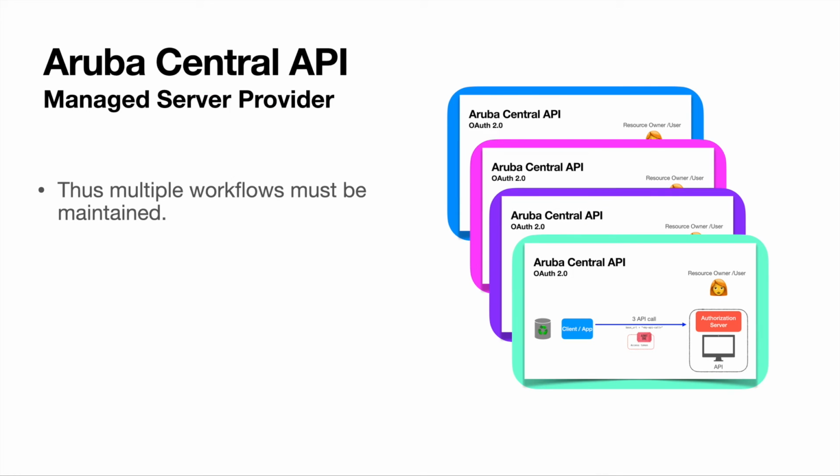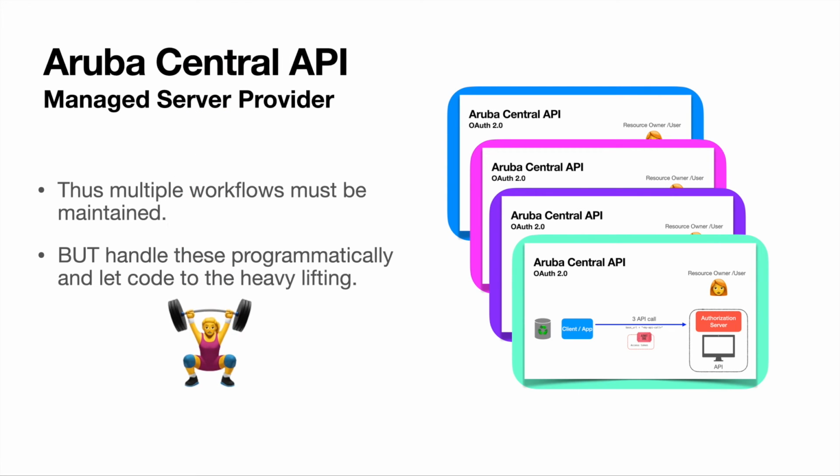So it is a fact that multiple workflows must be maintained. We've got to have the refresh tokens, the access tokens, etc., because we need to authorize for each one of the tenants. But if you handle these programmatically, you can let the code do all of the heavy lifting for you. So your interactions and your workflows look very similar if you're in a non-MSP mode versus an MSP mode.